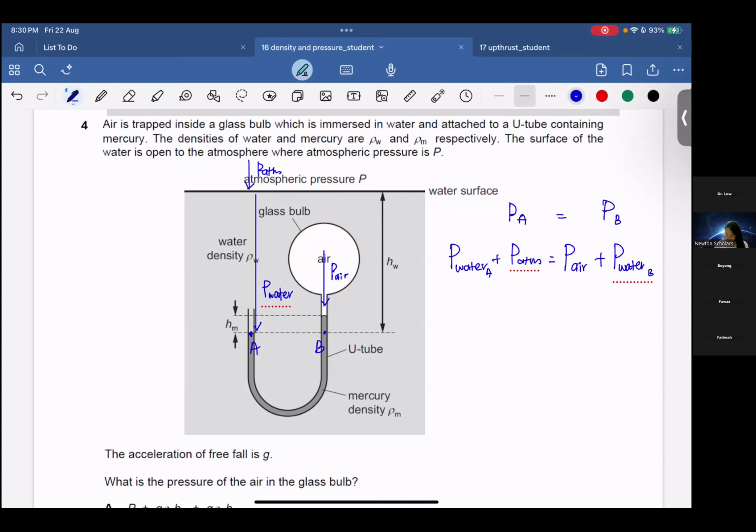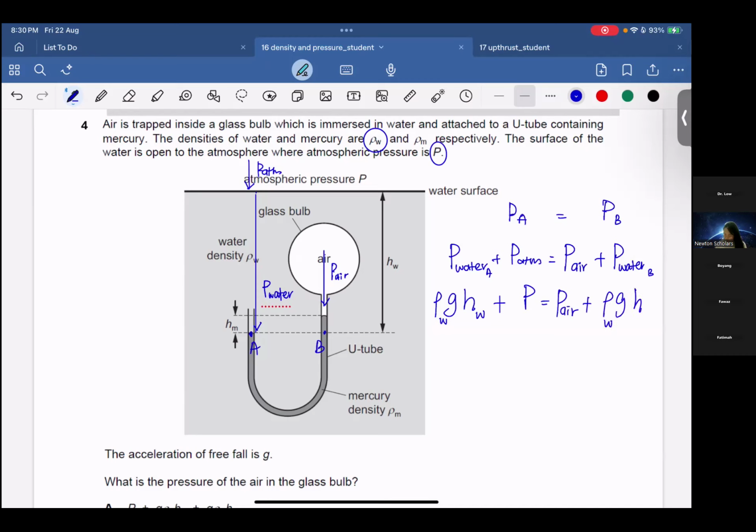Okay. So here, rho g h. The density for the water, they label density W, rho W. Then the h, h is from the surface until the point, so it's h W. Plus atmospheric pressure, they say this is P, equals to the pressure of A plus the water, rho g h.